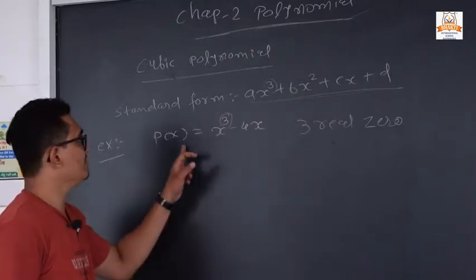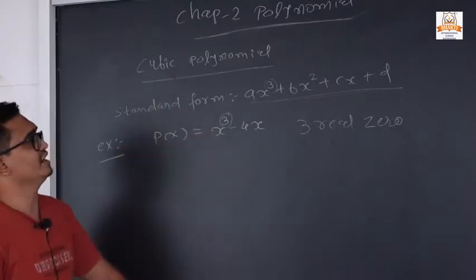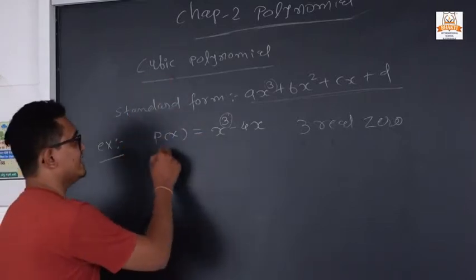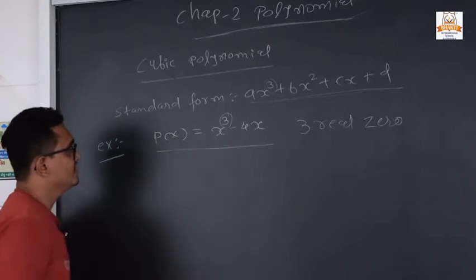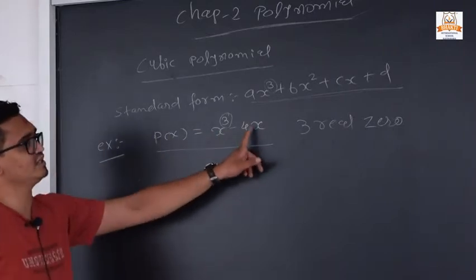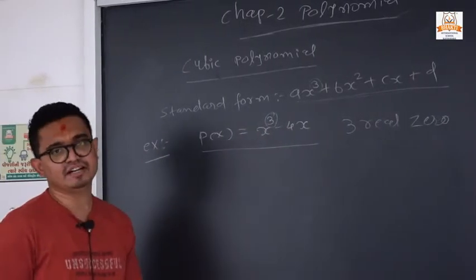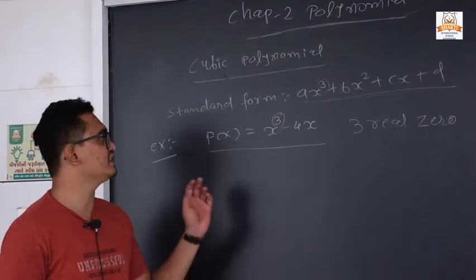Now we are discussing the third and last case, the cubic polynomial. First of all, we take an example. I am writing one example: p of x is equal to x cube minus 4x. Now if I want to find its real roots, it has 3 zeros.